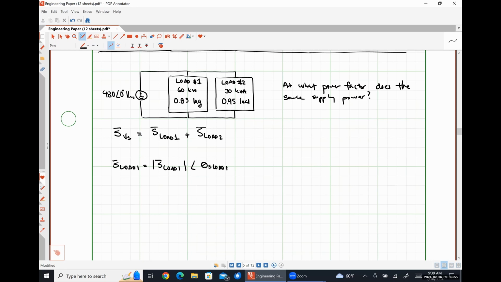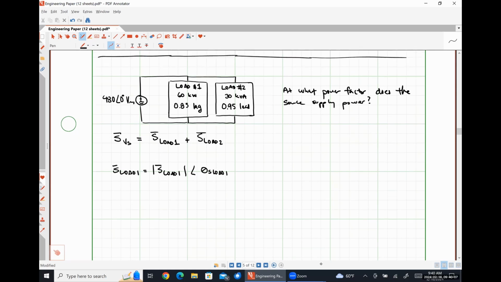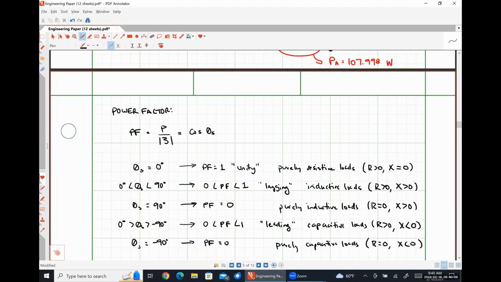So this begs the question, how do I find that apparent power, and how do I find that power factor angle? Well, it comes from the definition of power factor. If we look back up here for our mathematical definition of power factor, if I'm provided average power and power factor, I have enough information to solve for the magnitude.